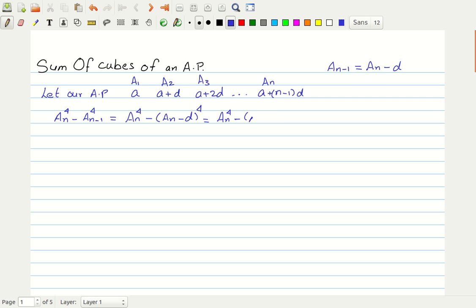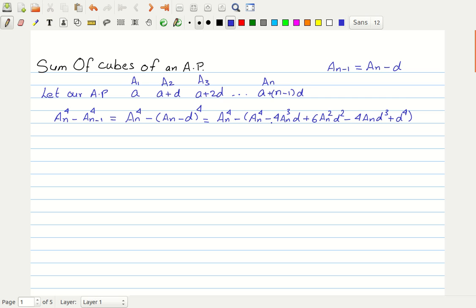This is going to be equal to a n to the power 4 minus 4a n cube times d plus 6a n square d square minus 4a n d cube plus d to the power 4, right?